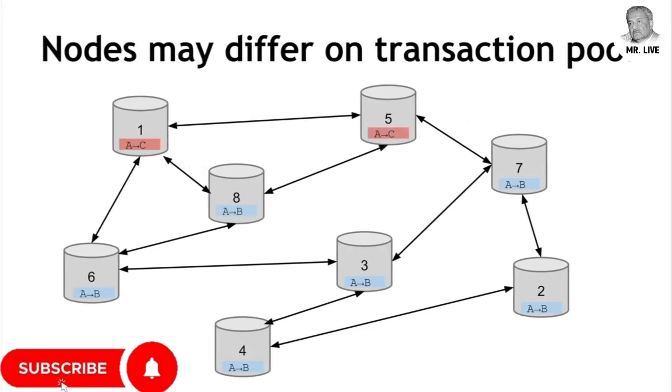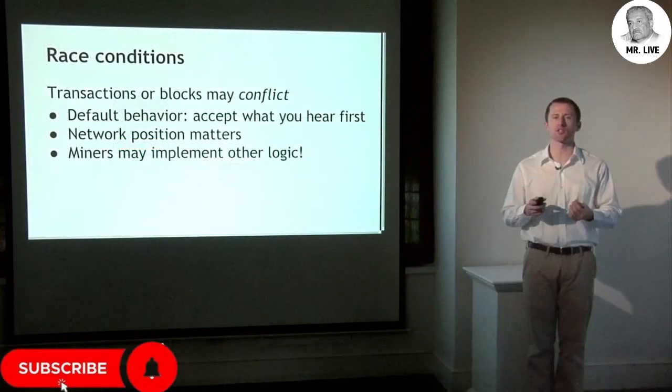The network may end up in a divided state here, where different nodes have a different view of what the pending transaction pool is. But that's fine, these transactions haven't been published in the blockchain yet, so this is just a temporary state where nodes disagree on which transaction should be put into the next block. In practice, this is a race condition.